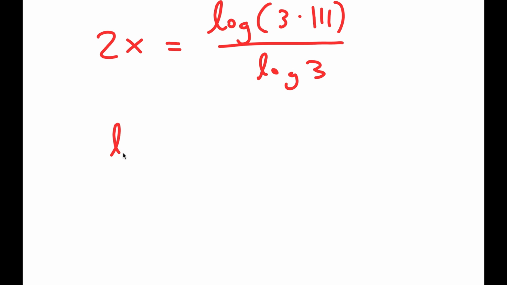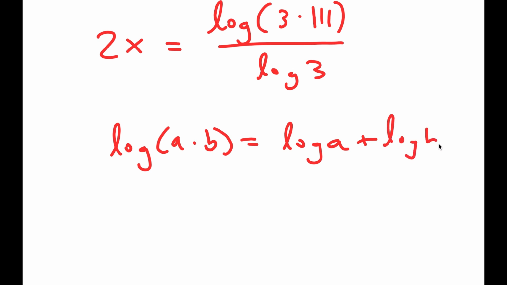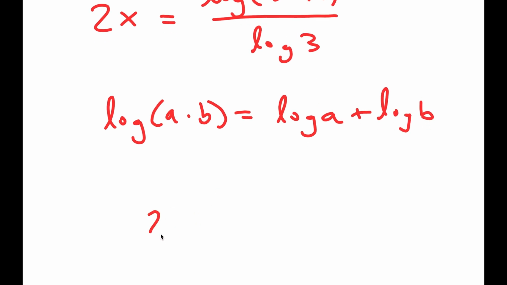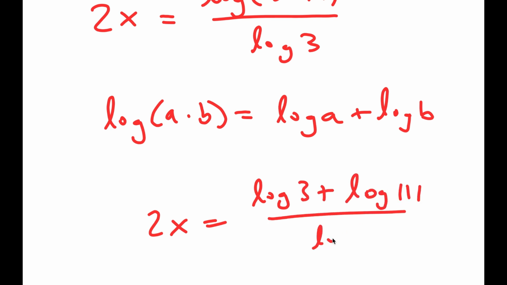And if I have something in the form log a times b, this is equal to log a plus log b. So I get log of 3 plus log of 111 over log 3.